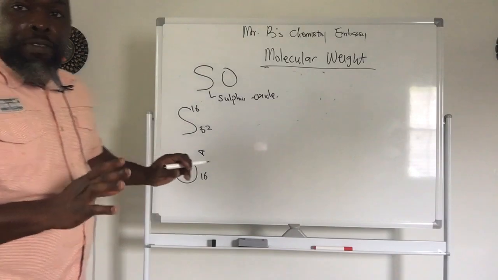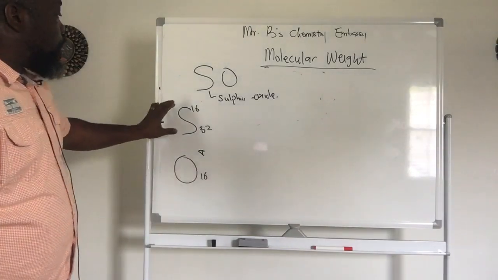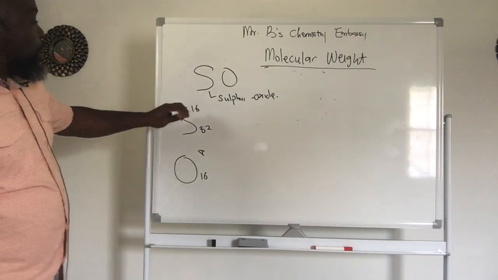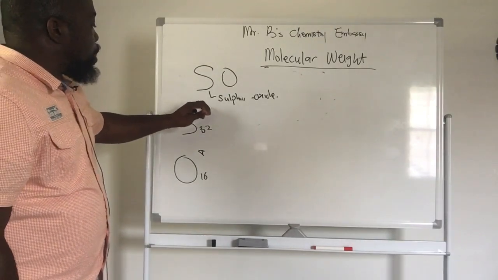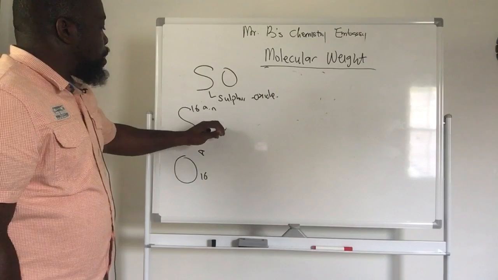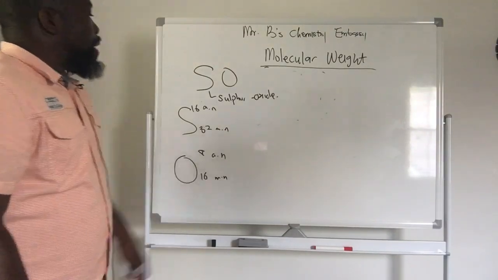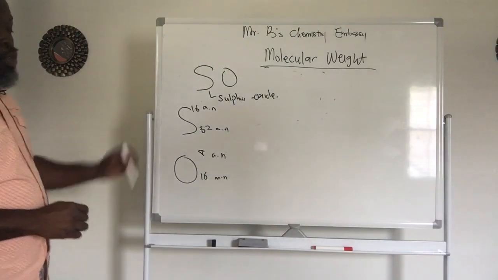So we've solved our sulfur and oxygen. This is our atomic number and our mass number. The next step is to calculate the molecular weight.